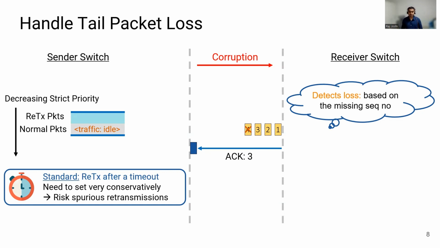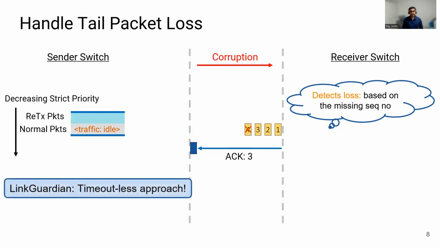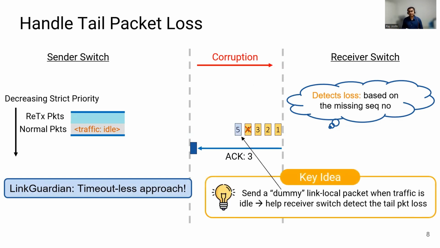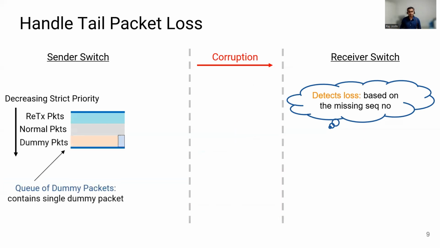To avoid all these issues regarding setting a timeout, in LinkGuardian we take a timeoutless approach. Our key idea is that if we can send a dummy link local packet when the traffic goes idle, then we can help the receiver switch to detect the tail packet loss. To do so, we introduce another lowest priority queue which consists of a single dummy packet.